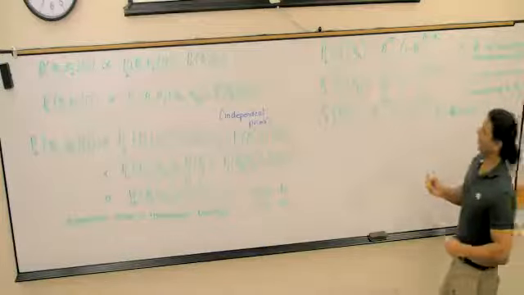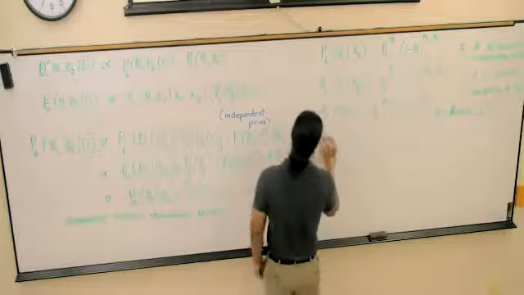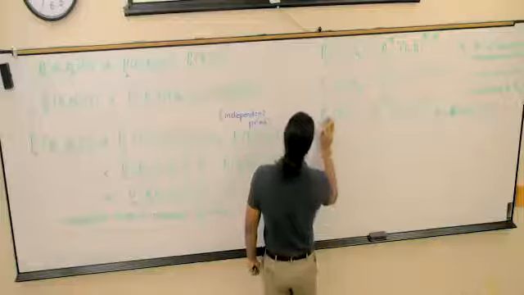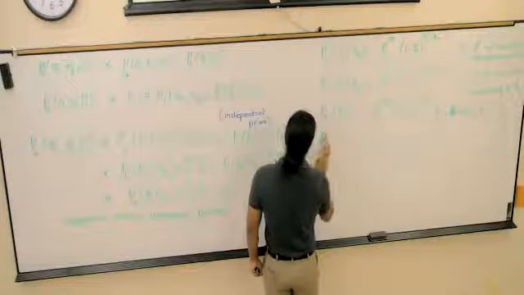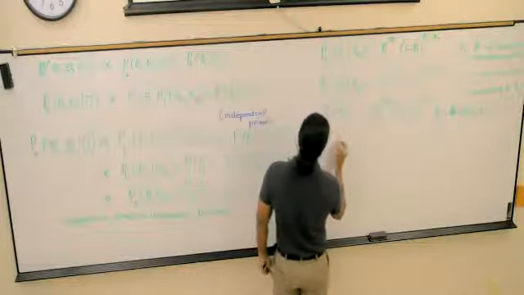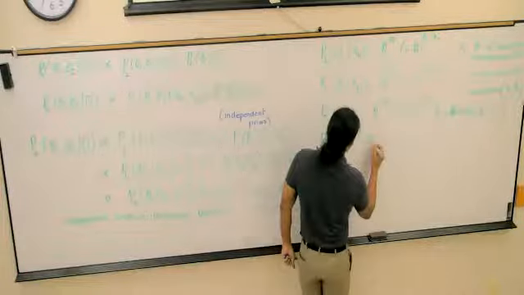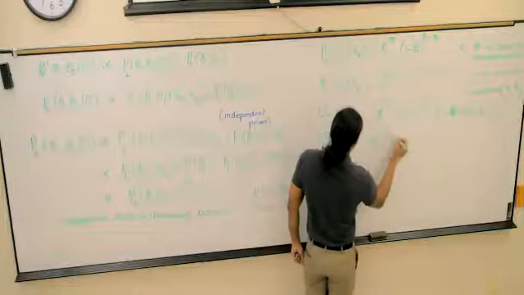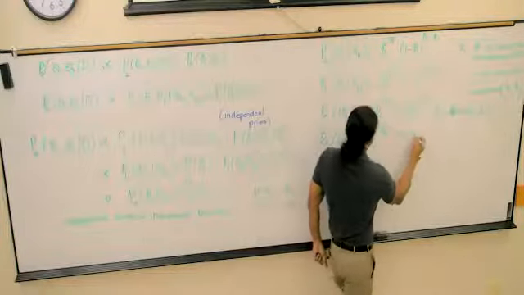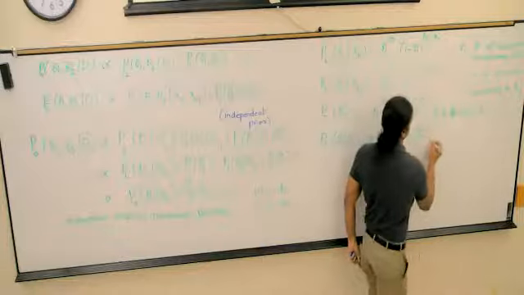Likewise, the prior of theta 2 would be theta 2 to the A2 minus 1, times 1 minus theta 2 to the B2 minus 1.